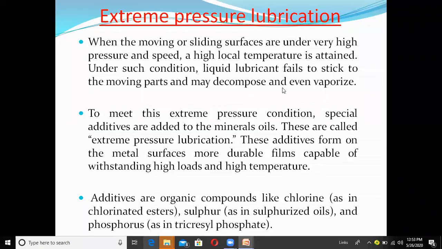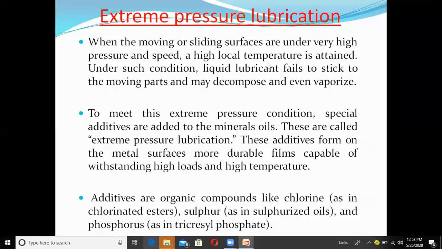Next is extreme pressure lubrication. That is when moving components or sliding surfaces are under high pressure and speed. If there is high pressure and high speed between the moving and sliding surfaces, high temperature will be developed.